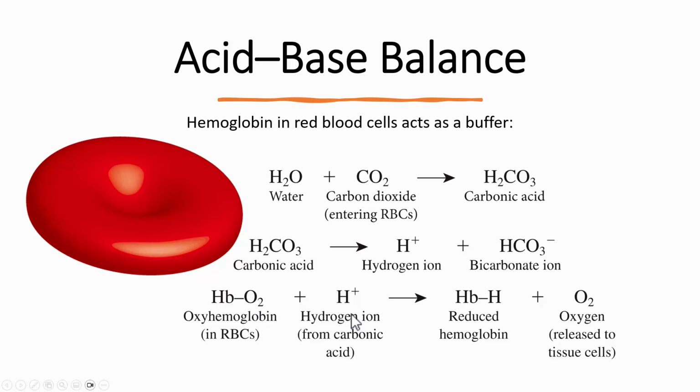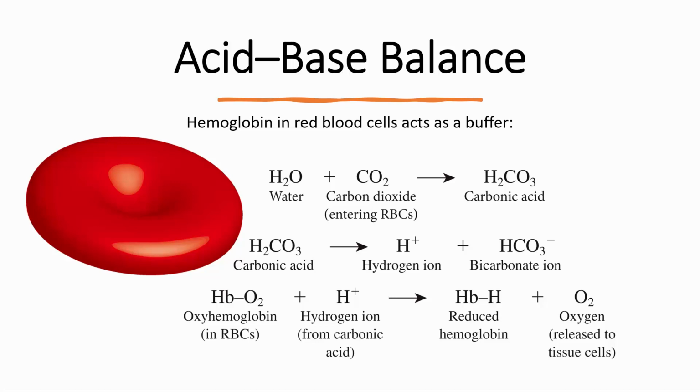Now, since there's a lot of hydrogen now from the dissociation of this carbonic acid in the red blood cell, the hemoglobin is going to release the oxygen, and that's going to go off to tissue, and it's going to take up that hydrogen. We say this is reduced hemoglobin.